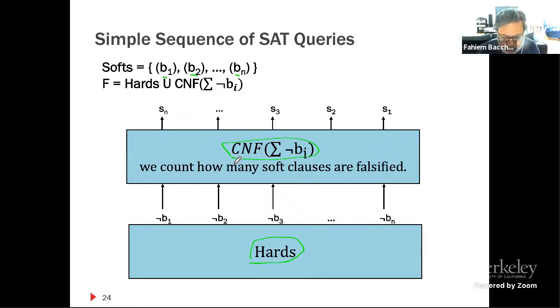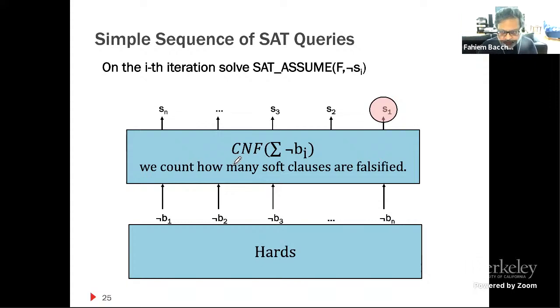Then all you need to do is use SAT solving with assumptions. And the first thing you do is you ask, can you solve this formula, which is this CNF formula, along with these hards? Can you solve that problem when S1 is false? In other words, when 0 softs are falsified.